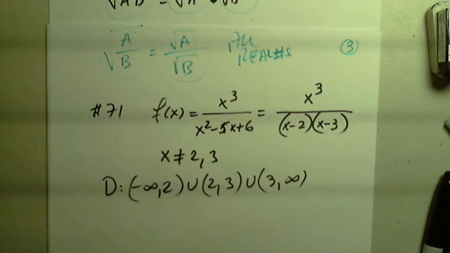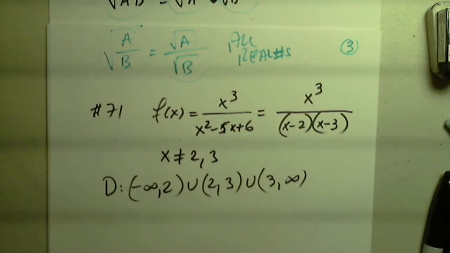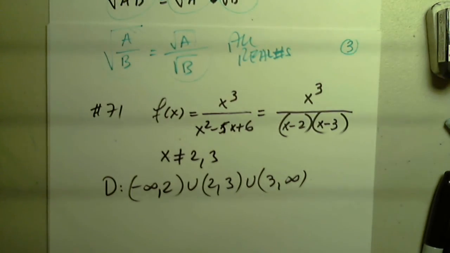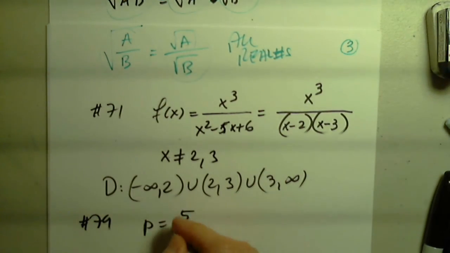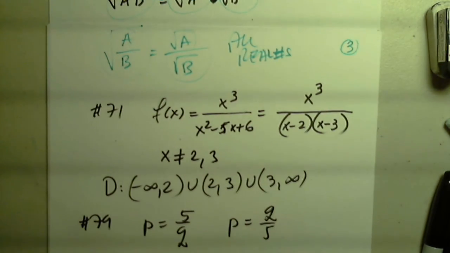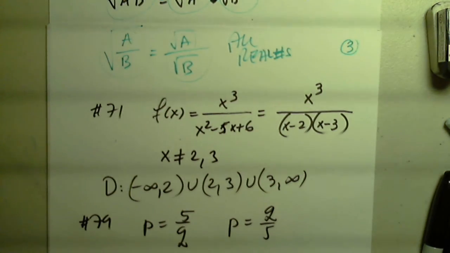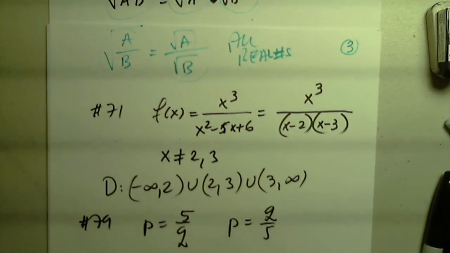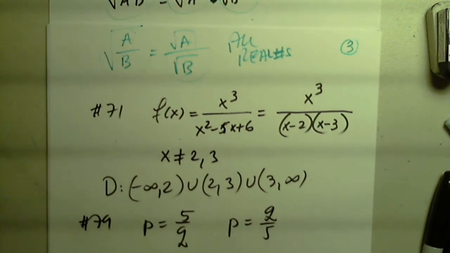Good, so now let's talk about the equilibrium point. This is the last thing, the demand and supply. So, okay, let's start with 79. And we have the demand is 5 over Q, and the supply is Q over 5. So as you see, for the supply, as price goes up, they want to supply more. For us, as price goes up, we are less and less willing to purchase, right?